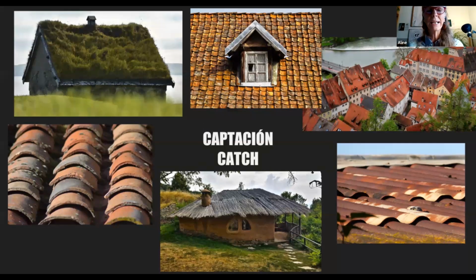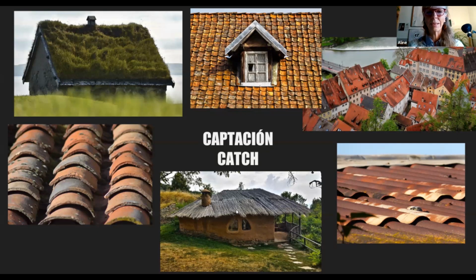So if we really need water in a tank because we have a very long dry period, maybe we want to not have a green roof. It wouldn't probably be green, it would rather be yellow. But we are maybe considering Arab tiling or maybe even metal, so that the water is caught and it immediately goes into the tank and it's not lost.